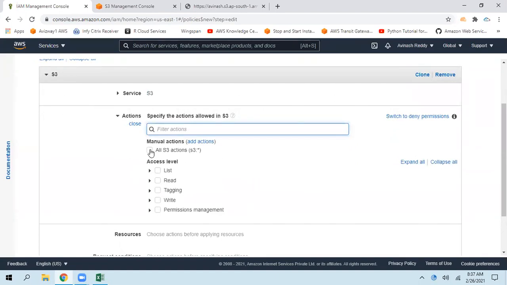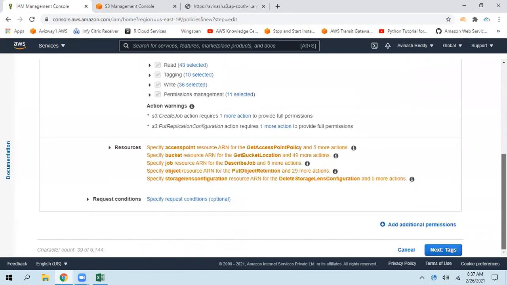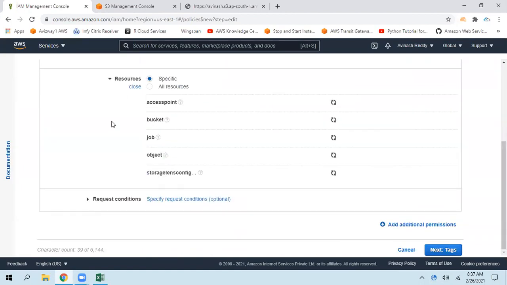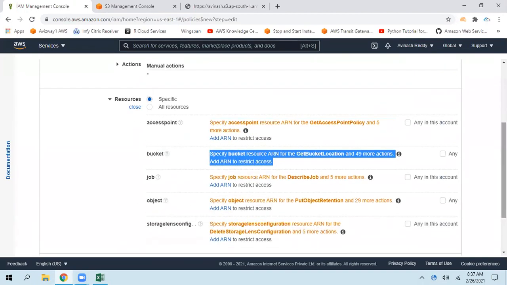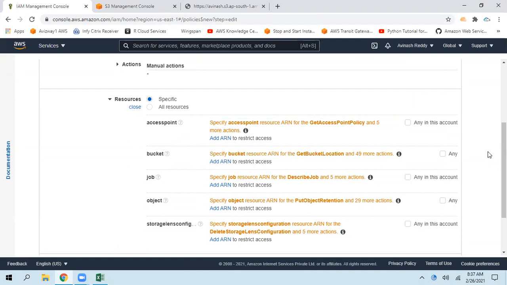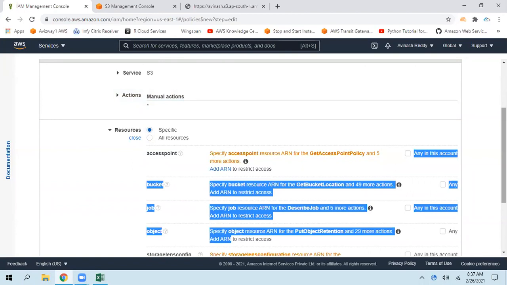What do you want to deny? Based on the service, we are going to have resources. For example, if you take S3, in S3 we have a bucket. Do you know what exactly a bucket is? We haven't discussed it; tomorrow we are going to discuss. That's why I clearly mentioned in our last session to select all resources. The only reason is that these things we haven't discussed.